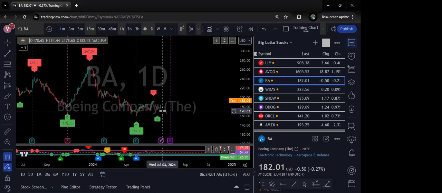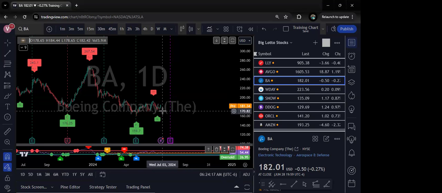We got 267 as the high, and then we have 159 as the low. This is the 52-week low.